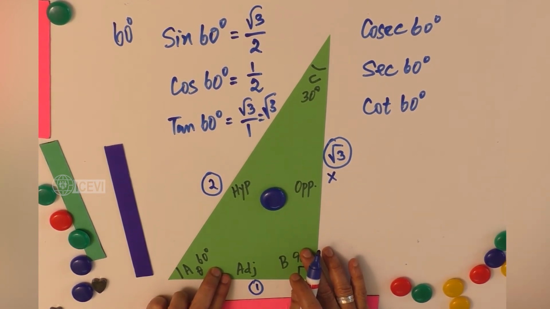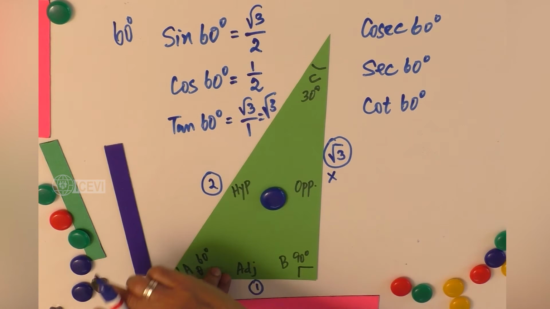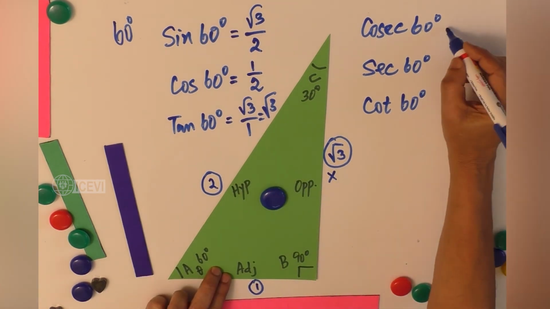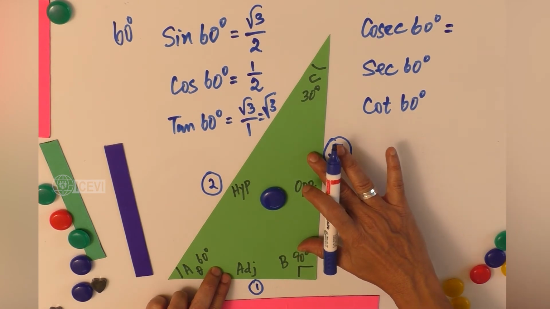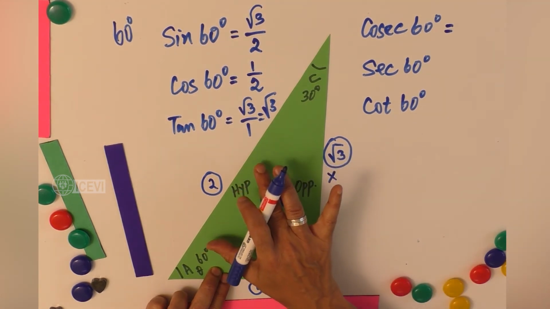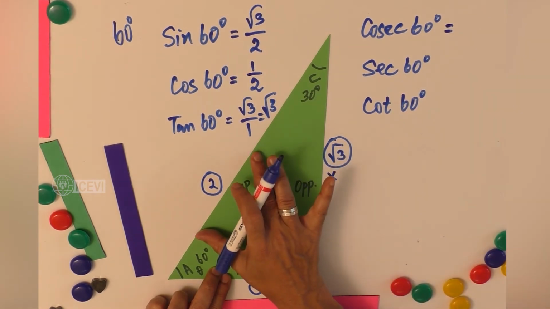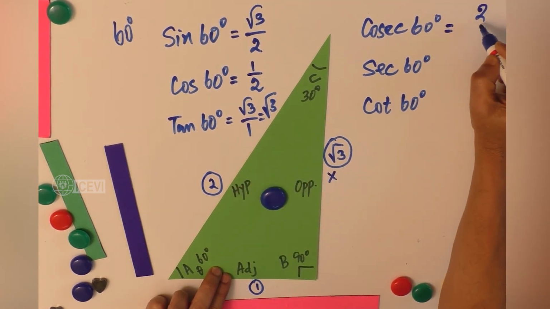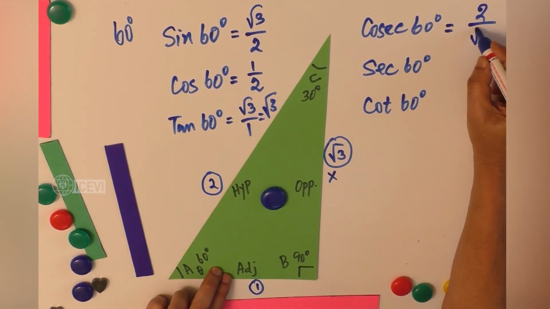Now what about cosecant 60 degrees? Cosecant 60 degrees is the reciprocal of sine 60 degrees. So sine 60 degrees is opposite by hypotenuse. So here it is hypotenuse by opposite. So the hypotenuse is 2 units, and the opposite is square root of 3.